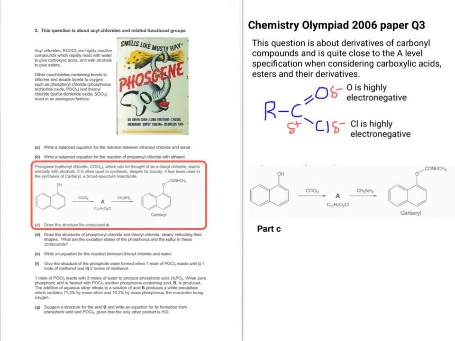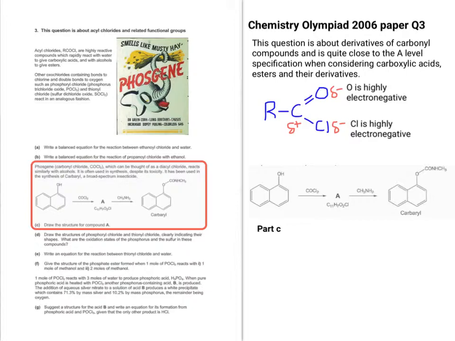It talks about phosgene, which is carbonyl chloride or COCl2. It actually used to be used as a gas in the First World War, and it's very toxic, and it was developed initially a long time ago to carry out some horrific attacks on soldiers in trenches.